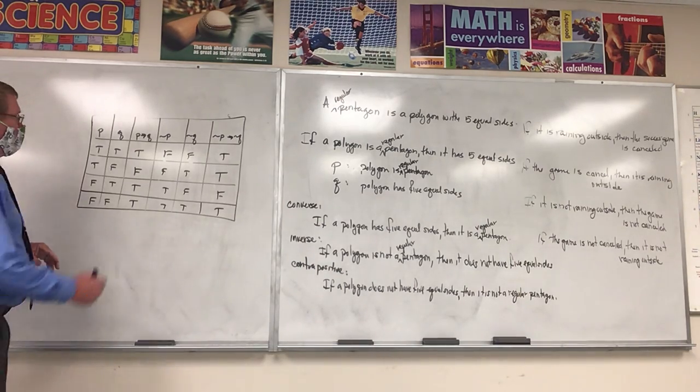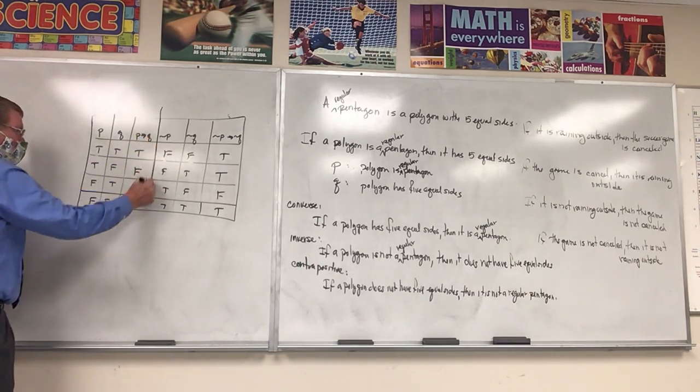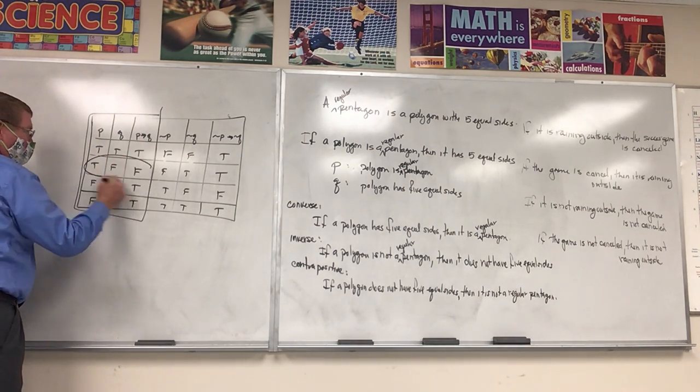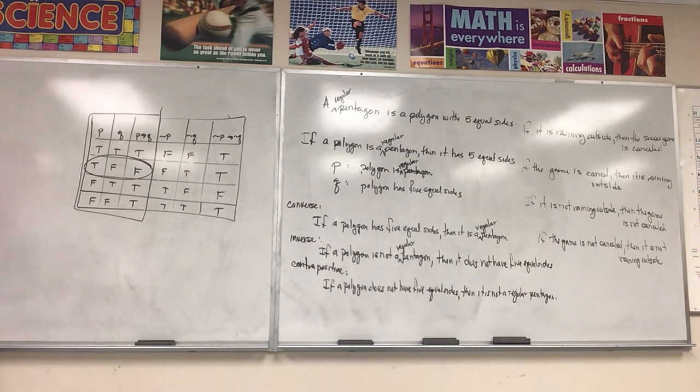But again, this is the one you need to remember. And this one. When will I be false? When the hypothesis is true and the conclusion is false, my statement is false. Everything else is going to be true.